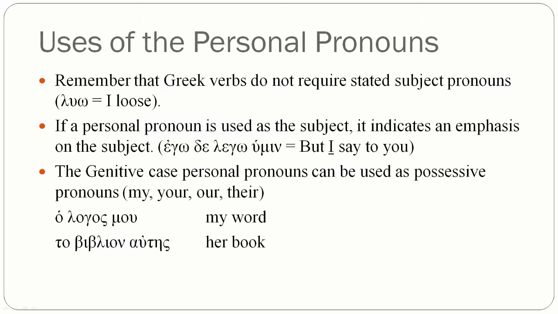If it's autoi, they, and it's a plural, legousin, and you actually do have that autoi stated, then it's they say, and there's an emphasis on the they. All right, so again, these personal pronouns are redundant. You do not actually need them to do the translation, but if you do see them, it's oftentimes helpful to take note that there is some kind of emphasis going on here.